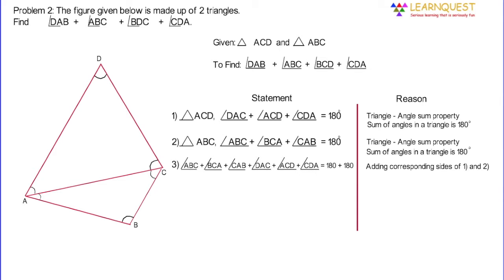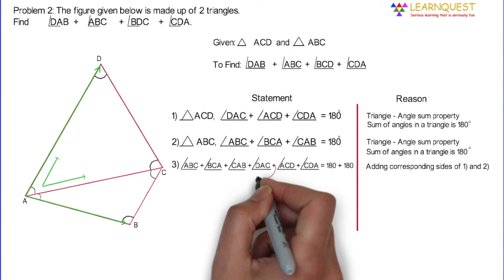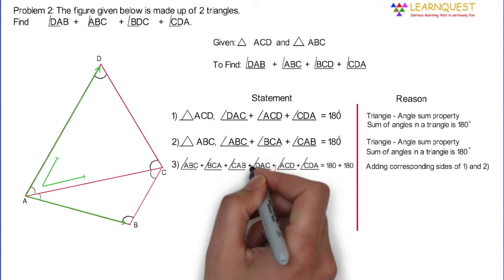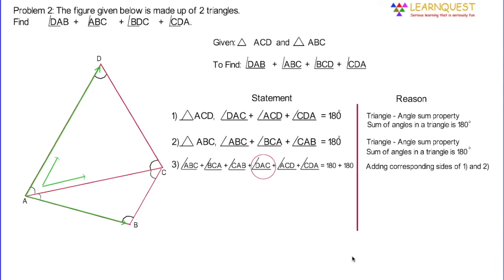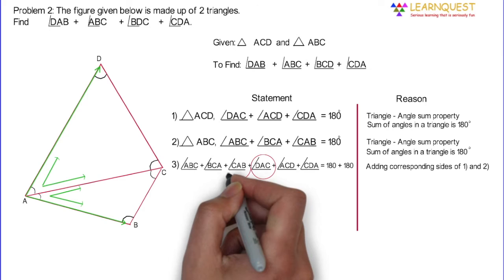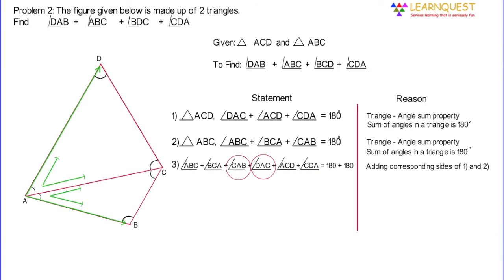If you look at what we have to find out, we have to find angle DAB. Look at the figure. Angle DAB consists of the sum of two angles: angle DAC, which is circled over here, and angle CAB, which is also circled.